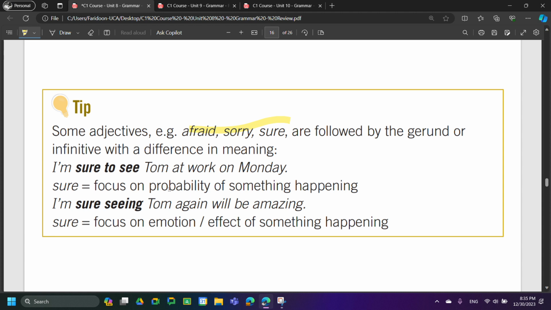So the probability of it happening is a bit high in a way. But when you say this one, I'm sure seeing Tom will be amazing, now you're focusing mostly not on the probability, but actually on the emotion or the effect of something happening. Okay, so just be careful. Some adjectives are followed by both gerund and infinitive, but they do have differences when it comes to meaning.